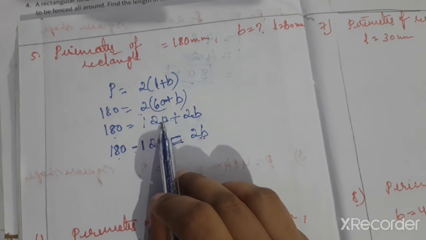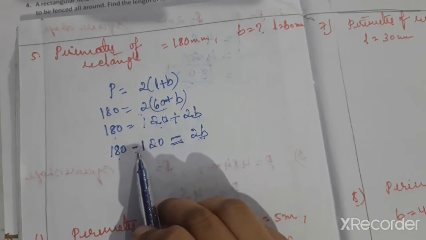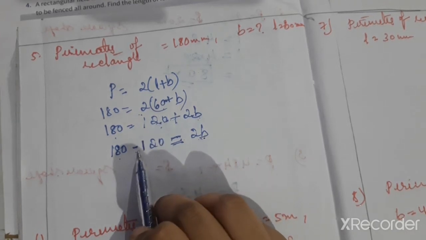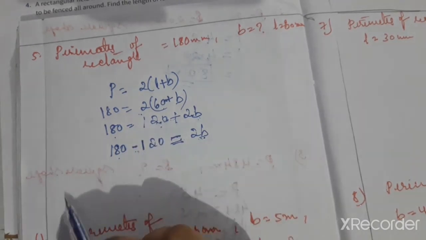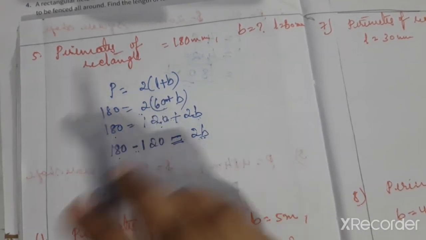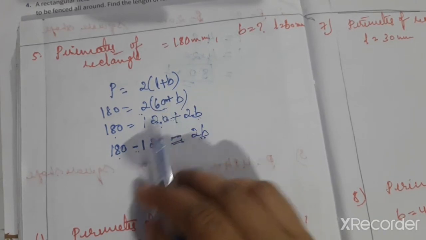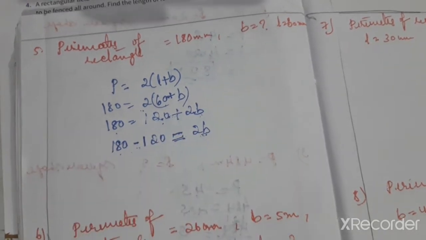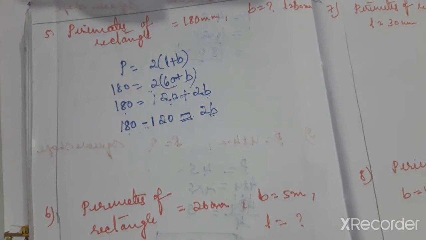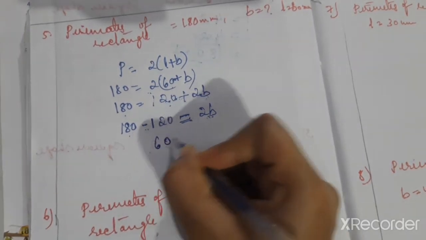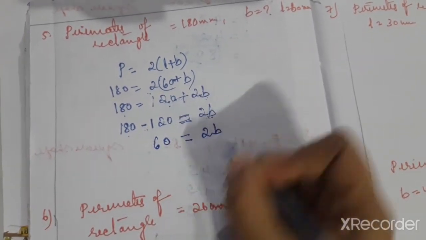Any one side we have to change. So 120 will become minus 120. Plus will become minus, because we are shifting from one side to another. Now 180 minus 120 is 60, equals 2B.